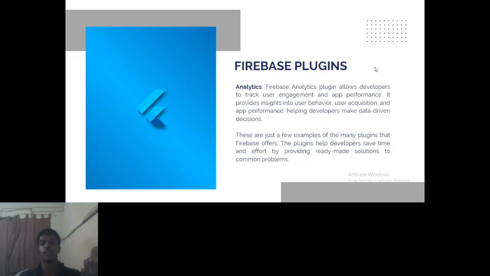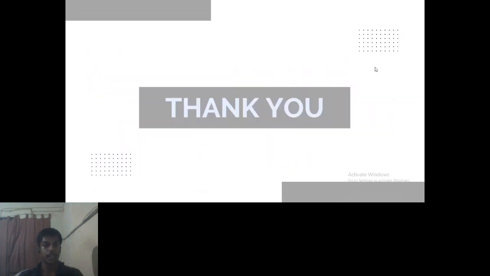It helps developers make decisions according to that engagement, performance, and the data they have extracted. These are a few examples of the many plugins. Plugins help developers save time and effort with ready-made solutions to common problems. So this is the end of the PPT.